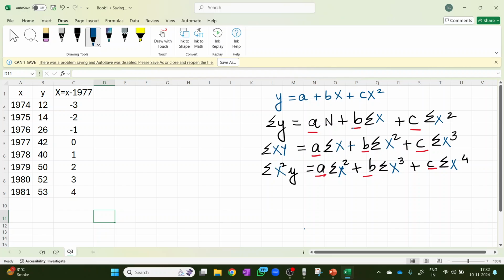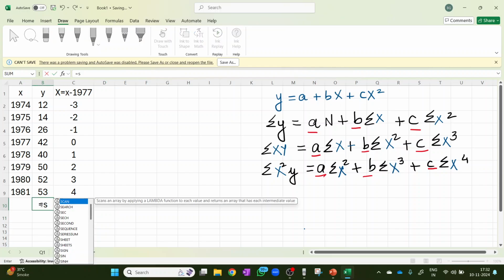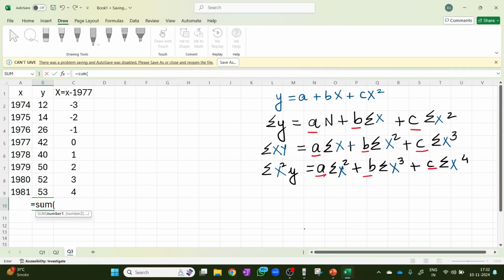So these are your normal equations. This is your original equation. So what we are going to do here is work on capital X. Let's start working. In this case, we require the total of y, starting with the first normal equation. Then we also require the total of x.